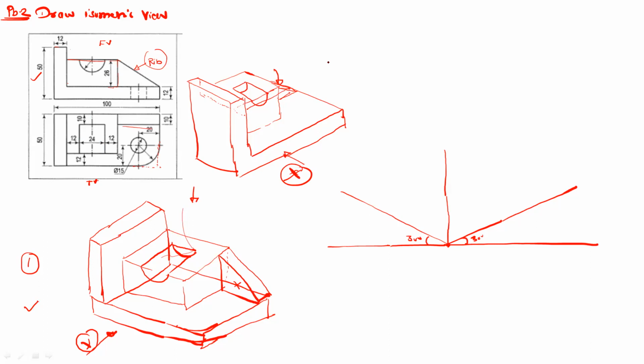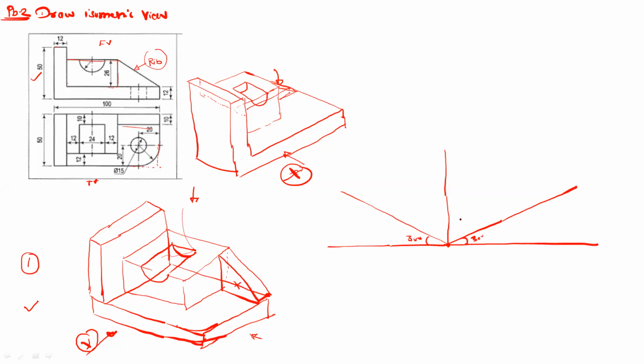You should remember one point when you prepare the isometric drawing: you should take the X direction such that the maximum features will be visible in the isometric view. For this you will need some practice and some good imagination. After that you can start the drawing once you prepare the rough sketch.